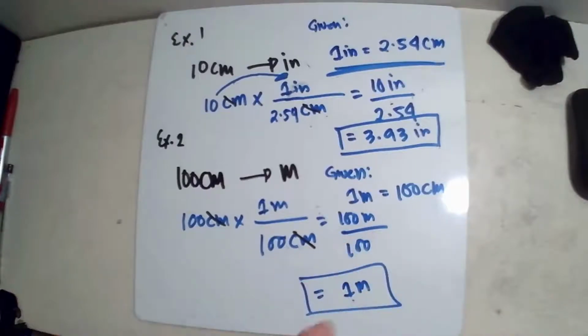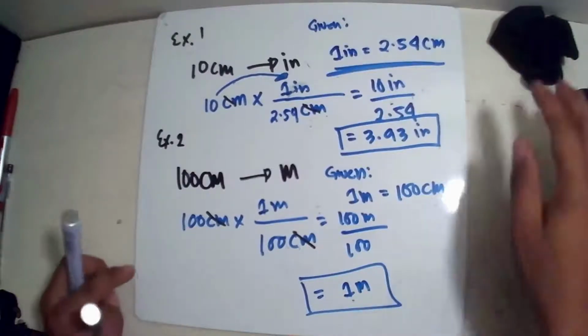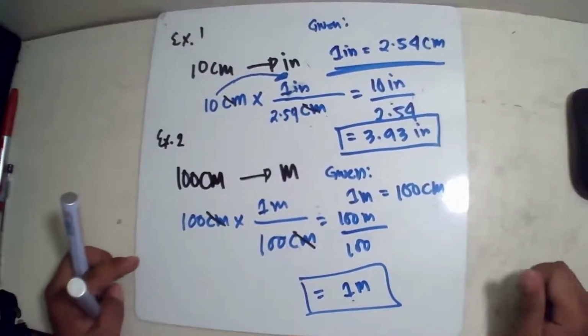You can use your own understanding on how to convert units, but be sure to show your solutions so that I could have the privilege to check if either your process or your solution is correct or not.